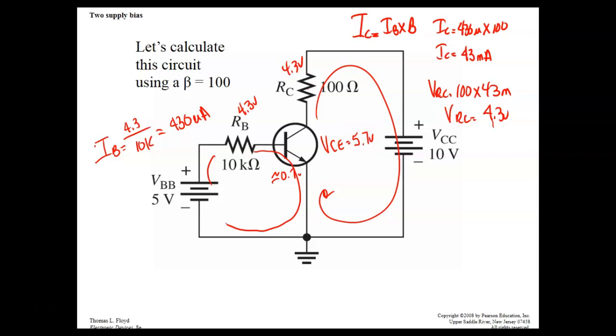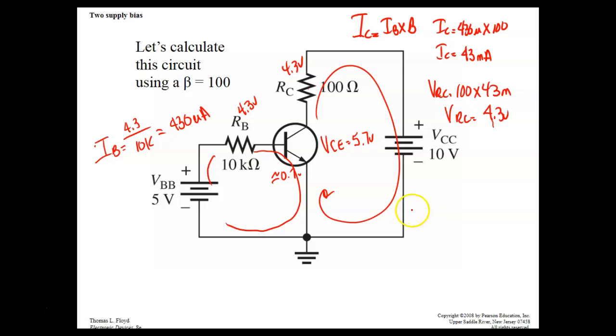So what region is the transistor operating in? Is it operating in the active region? Is it operating in cutoff? Or is it operating in saturation? Is it less than 1 volt? It's going to be active, isn't it? Is it equal to 10 volts? No. I just think it's operating in the active region.